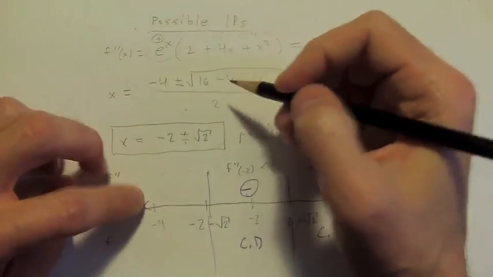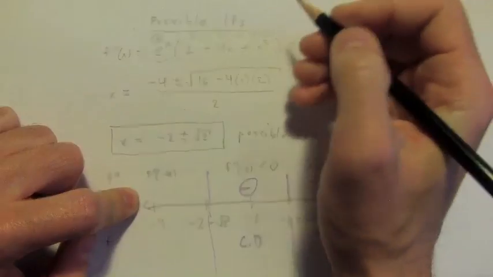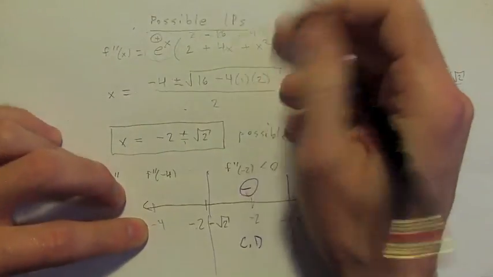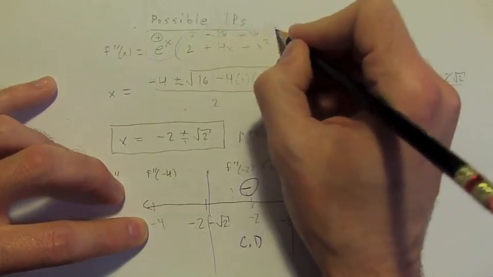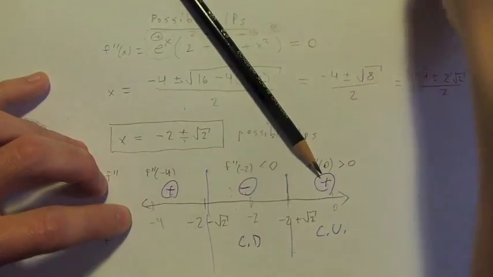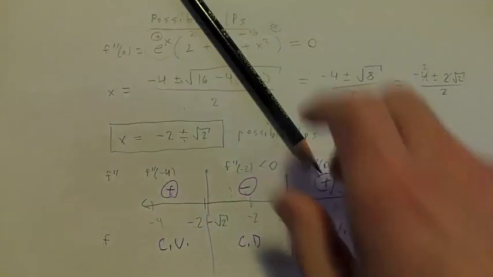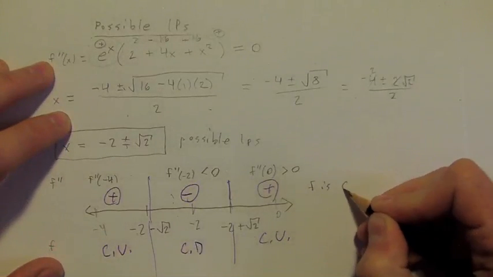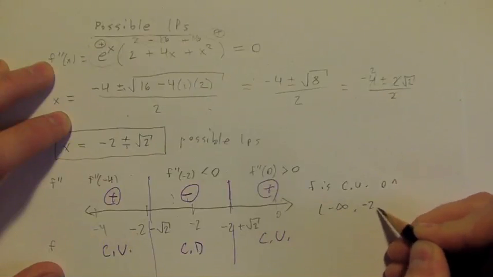So now I'm going to plug in negative 4. So I have 2, that doesn't change, minus 4 times 4, so that's minus 16, okay, then plus negative 4 all squared, which will be plus 16, so those cancel out and I get positive. I have a positive times a positive, so this guy is going to be positive, meaning that f is concave up in this region.